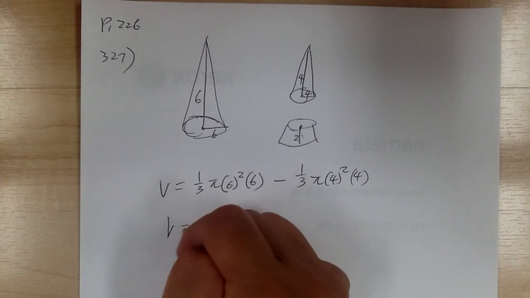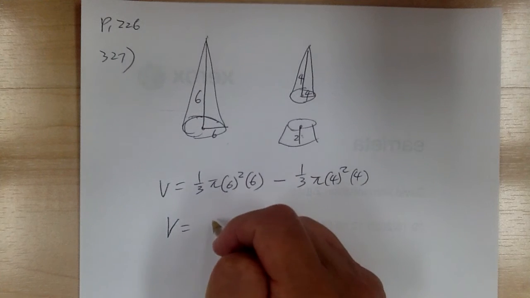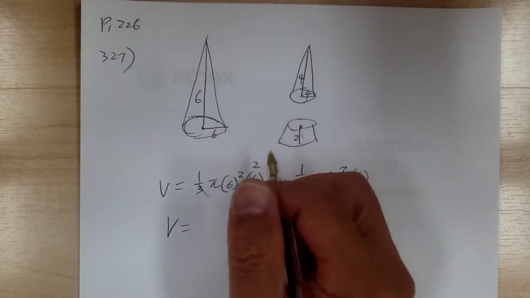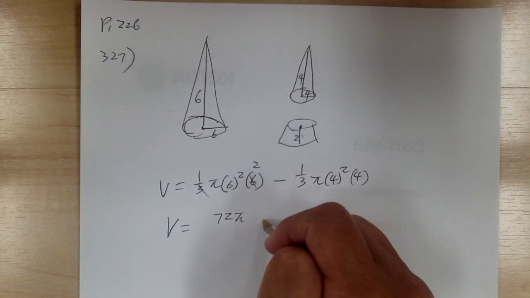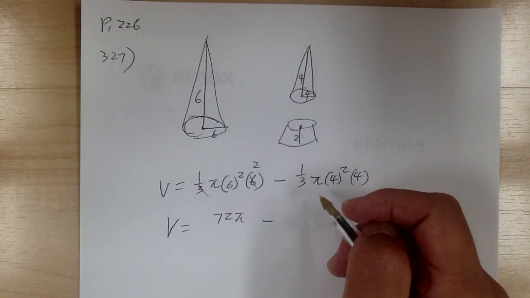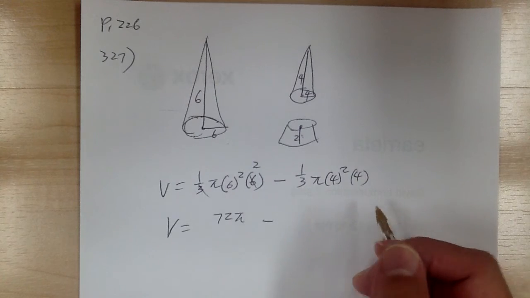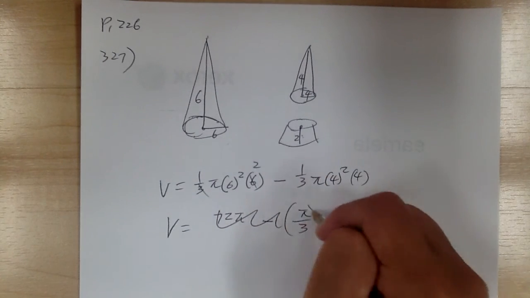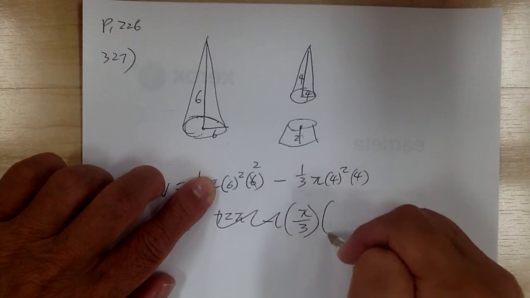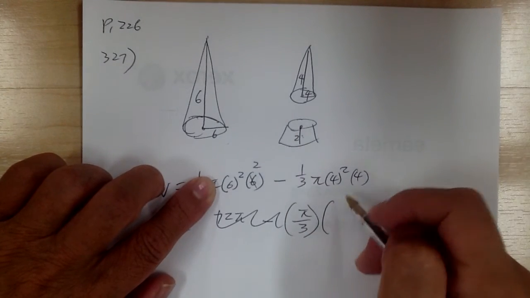Okay, so volume will equal 72 pi minus, let's just go and factor the pi over 3. Factor the pi over 3, then we can deal with this part over here.